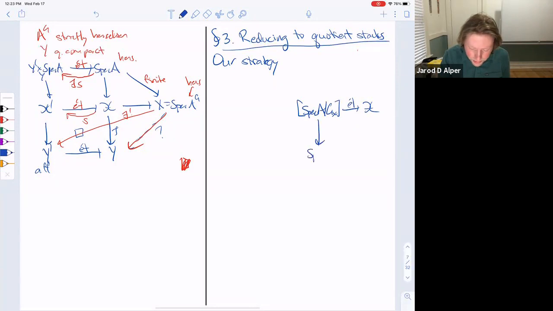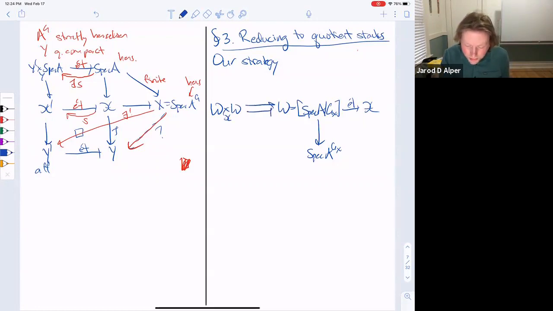Here we have a coarse moduli space. And let's call this W. And so the natural thing to do is to sort of consider this base change here, W over W.